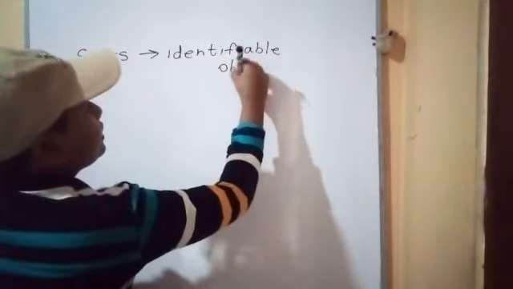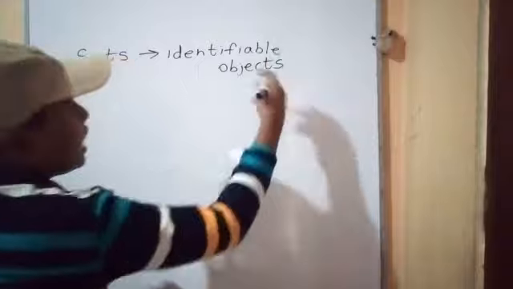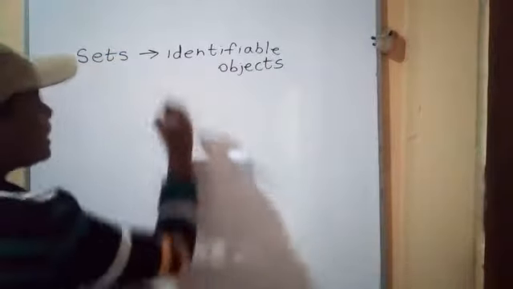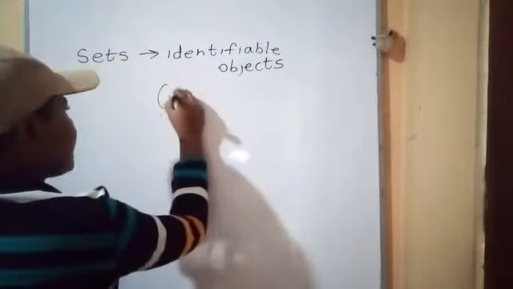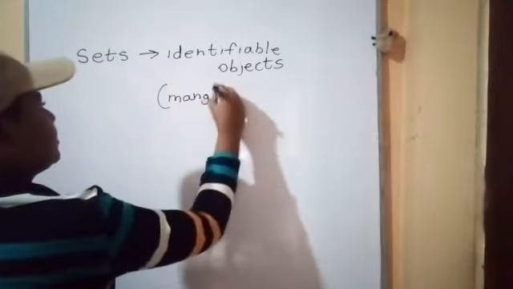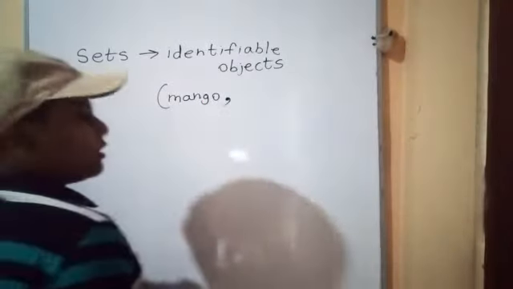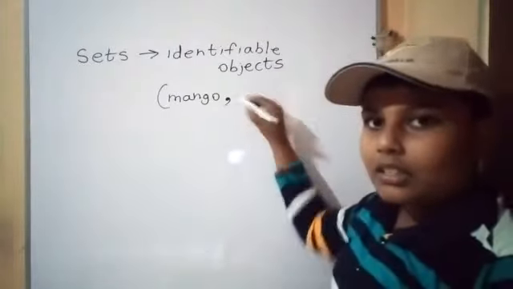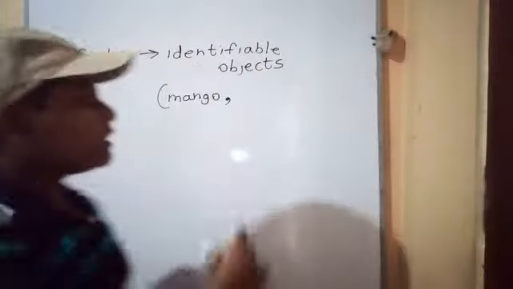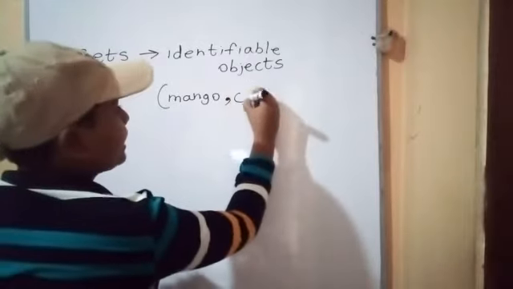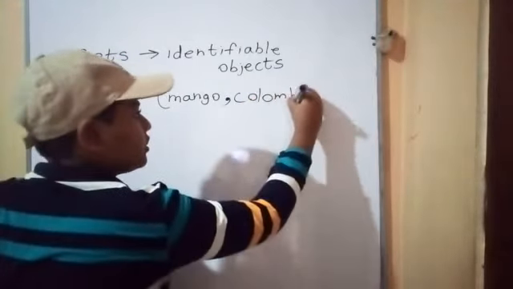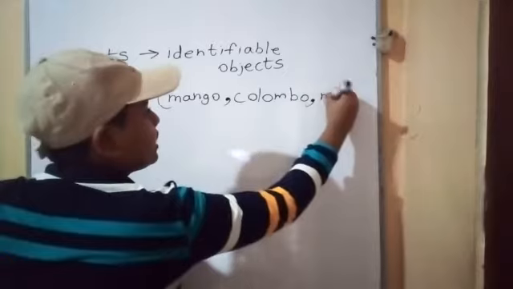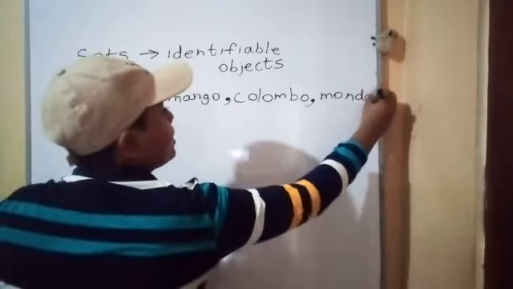For example, you can get a mango, a month, a city like Colombo, or Monday. These are identifiable objects.